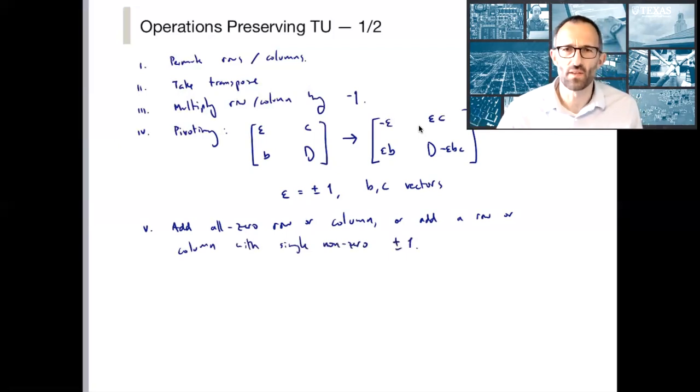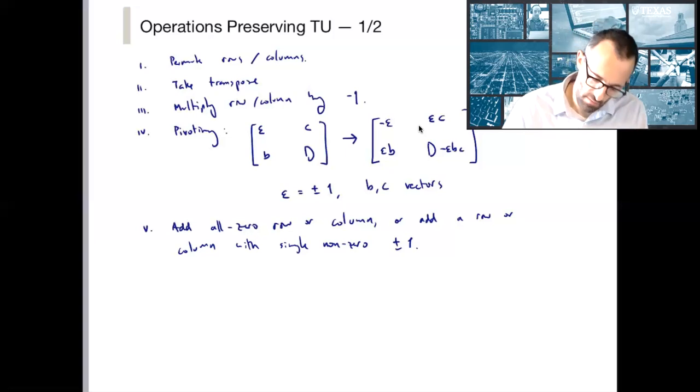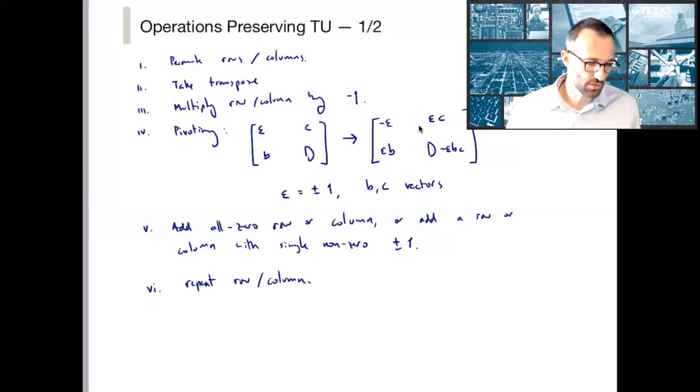Again, either one of these I think follows pretty easily from the definition of the determinant, and in particular expansion by minors. And also we can repeat a row or a column. So these are certain operations that preserve total unimodularity.